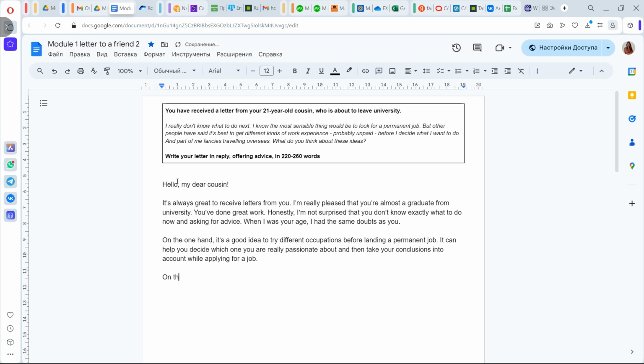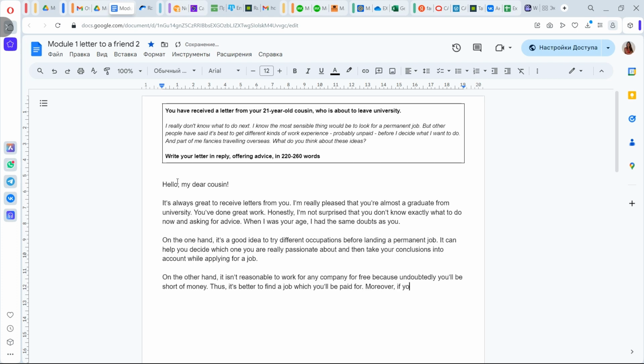Let's start writing our second body paragraph. Again, in the first topic sentence, we need to put the main idea of this paragraph. And in the following sentences, you need to develop your idea and explain what you mean. Talking about the ideal structure of body paragraphs. First of all, it should be a topic sentence where you put your main idea about this point. In the next sentence, you need to develop your idea, maybe with examples.